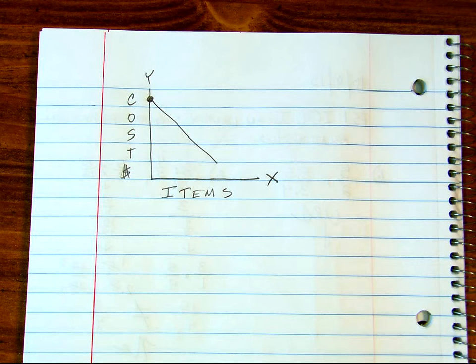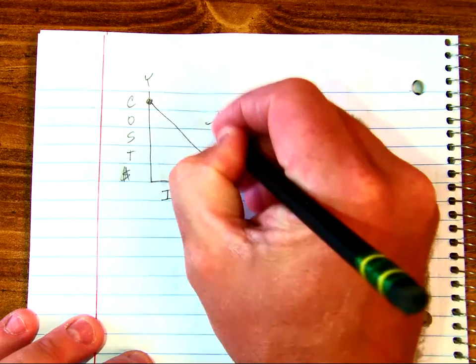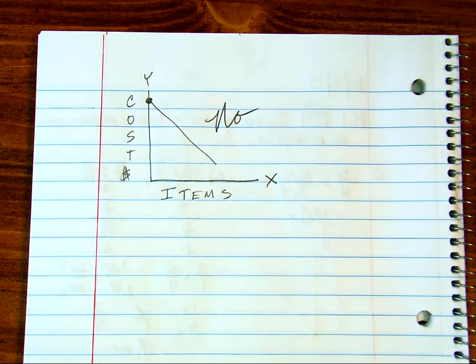So the question is going to be, is cost proportional to items? So we have to ask ourselves, do we have a straight line? Yes, we do. Does our line start at the origin? No. So then, no. Nope.